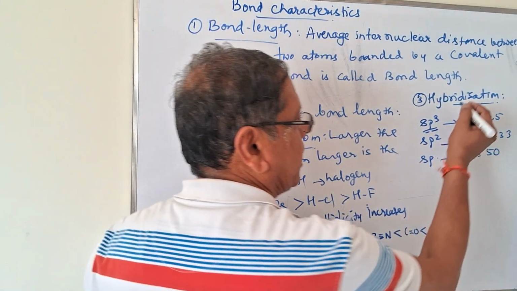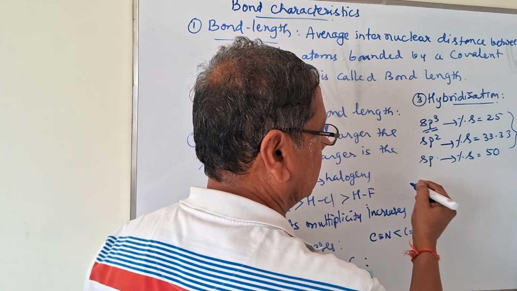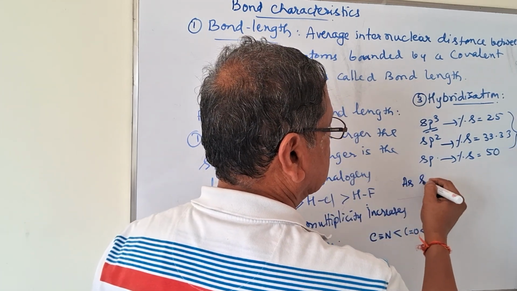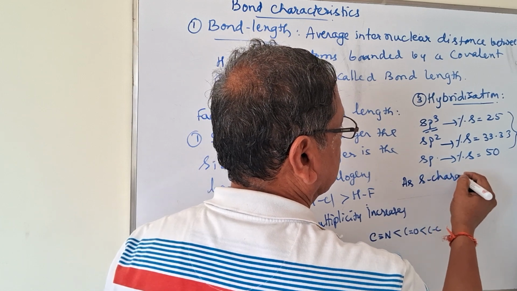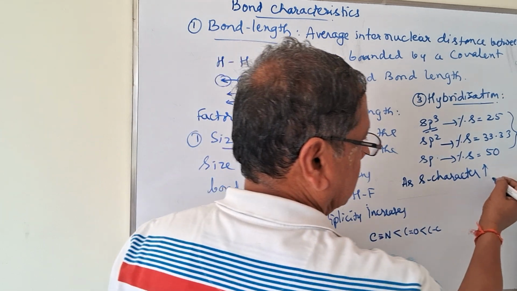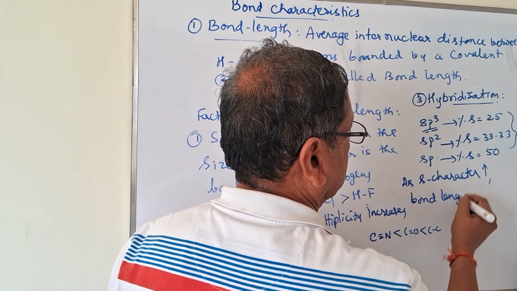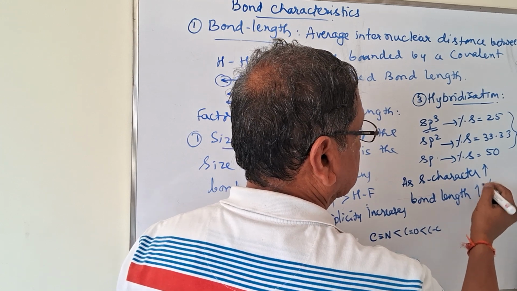So with different percentages of s character, as s character increases, the bond length decreases.